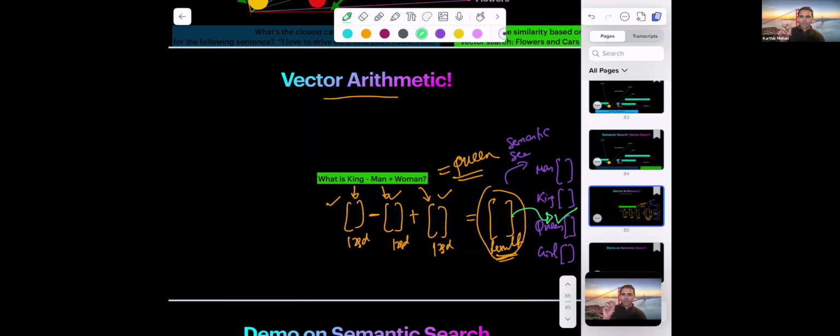When this came out 15 years back, people were like, wow, you can actually do word math and you can actually get a result out of an algorithm. That's crazy. How can you subtract words and add words and make sense out of it? Without vectors, there is no way you can make sense of this kind of math.